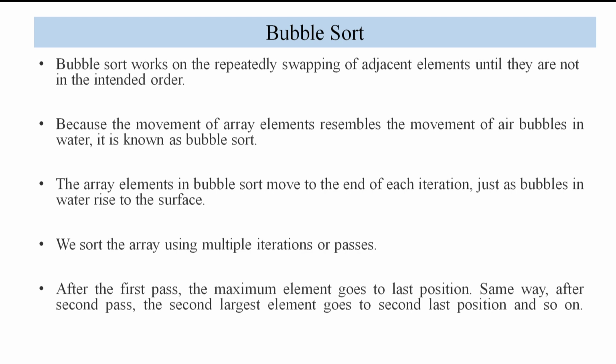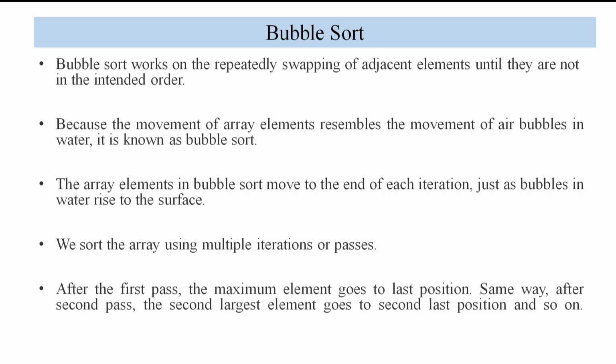Why is it called bubble sort? Because the movement of array elements resembles the movement of air bubbles in water, that is why it is called bubble sort. Array elements in bubble sort basically move to the end in each iteration, just as bubbles in water rise to the surface.